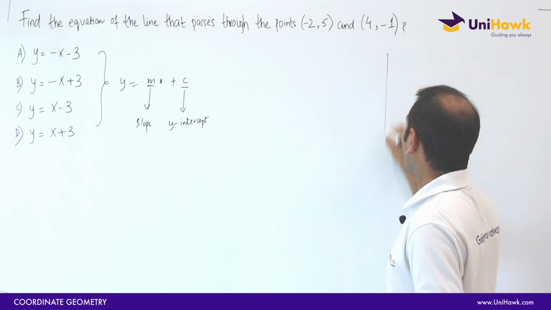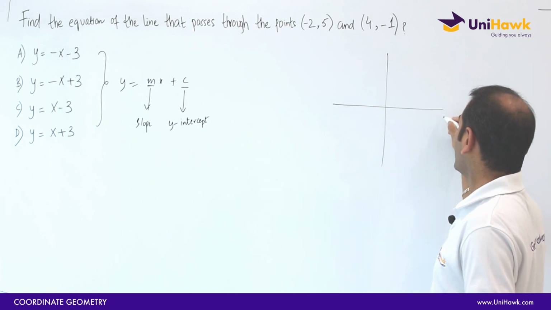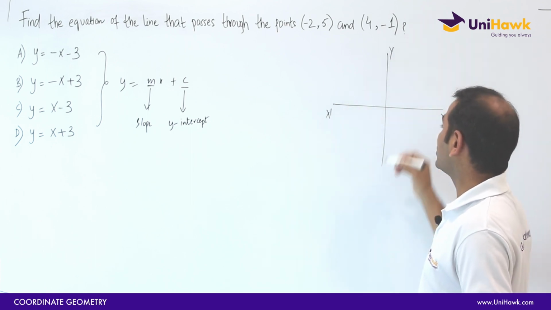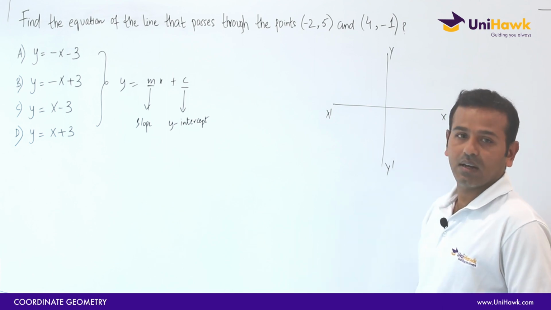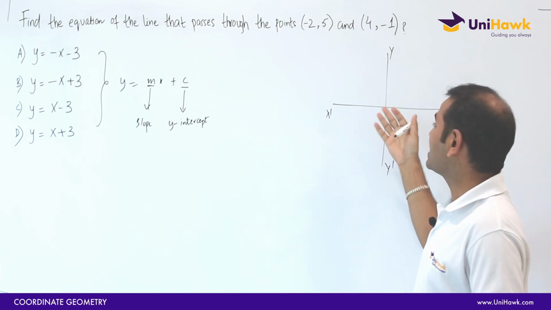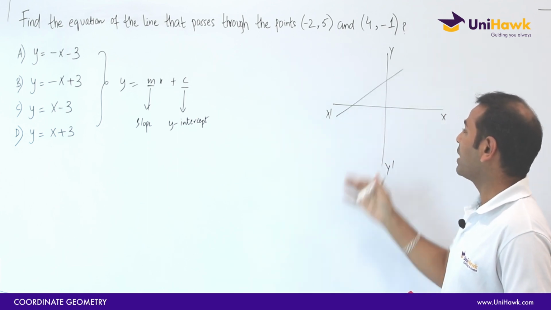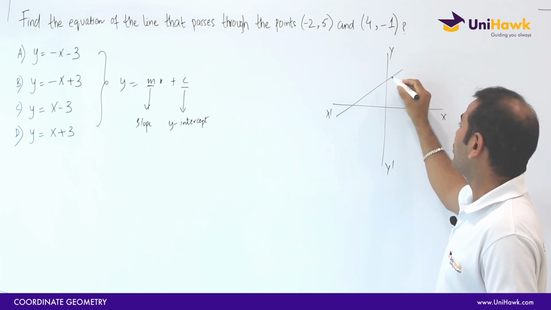So if I draw the x-axis and y-axis, we know this is the positive x-axis, this is the negative x-axis, this is the positive y-axis, this is the negative y-axis. Now I'll draw a straight line passing through the x-axis and y-axis. It could be anything, but as of now I have drawn it like this.